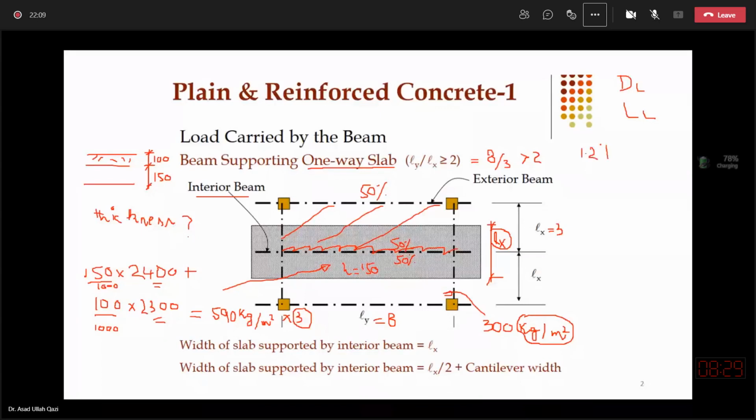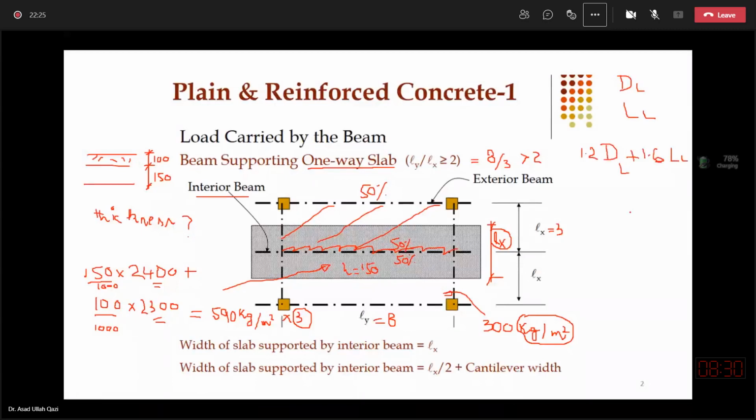So 1.2 dead plus 1.6 live. I suggest that this combination will govern and this will give us a maximum ultimate load on the beam.